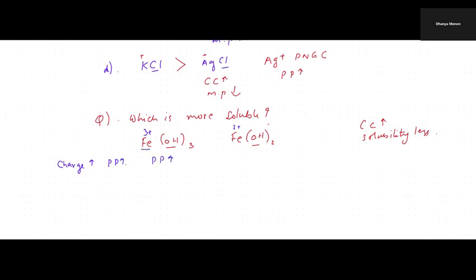In this case, Fe3 plus. Polarizing power is more, covalent character is more. So if the covalent character is more, what about the solubility? Solubility is less. So FeOH3 is less soluble than FeOH2.